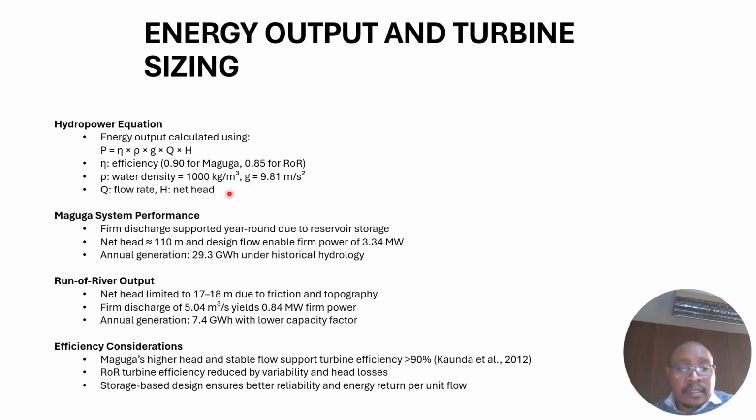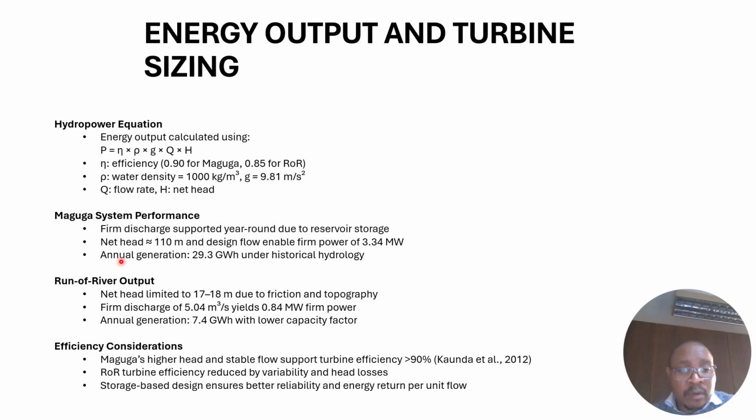And then the Maguga system performance: firm discharge supported year-round by the reservoir storage, and the net head of 110 meters and the design flow enable a firm power of 3.34 megawatts, which is an annual generation of 29.3 gigawatt-hours.